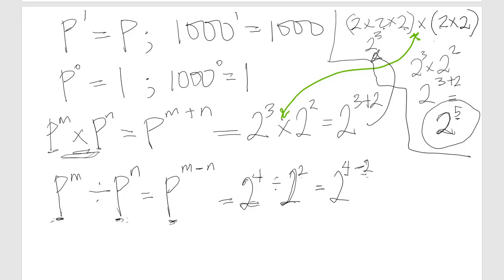So once you have two similar numbers with their powers, all you're doing is adding up the powers. Let's take, for example, 2 raised to power 1 divided by 2 raised to power 1. It will give you 2 raised to power 1 minus 1, which is 2 raised to power 0, which is equal to 1.